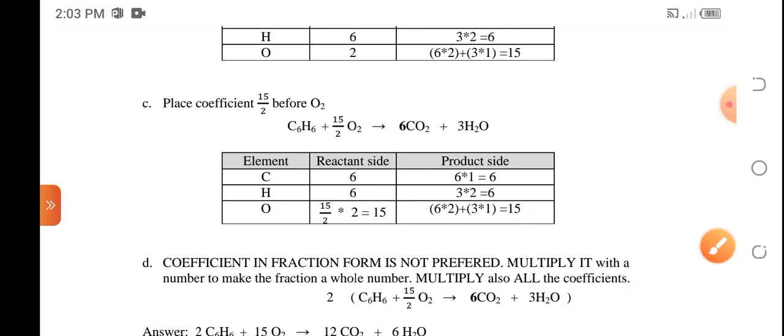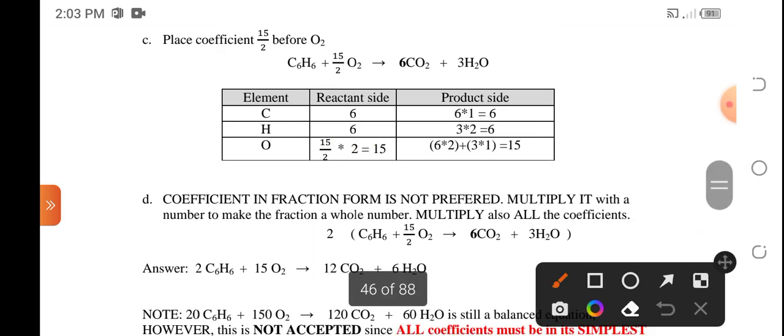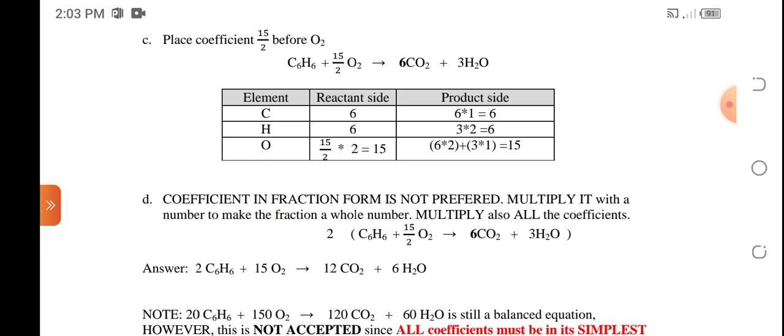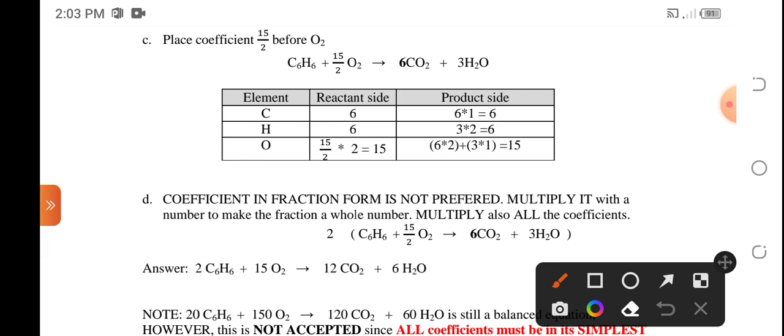Okay, so we could put the 15 over 2 there just for representation. But we have to take note that all coefficient in fraction form should be multiplied so that it would be represented in whole number. Kasi kailangan lahat ng mga coefficient natin ay whole number. So we have to think of a number that when multiplied to 15 half would become a whole number. And of course, syempre, para makancel na yung 2 yan, you multiply it by 2 and that will become 15.